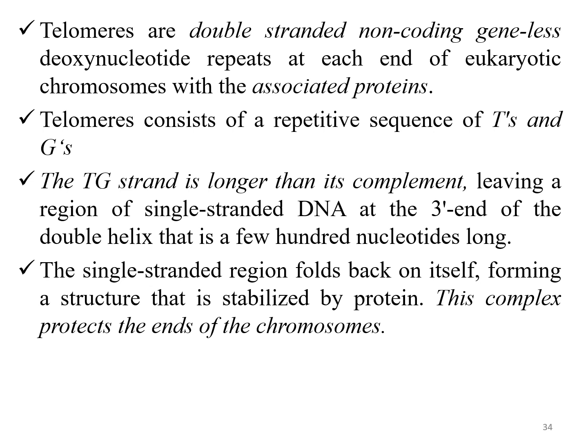The single-stranded region folds back on itself, forming a structure that is stabilized by protein. This complex protects the end of the chromosomes. So it is these telomeres that are used for filling the gap, solving the end replication problem.